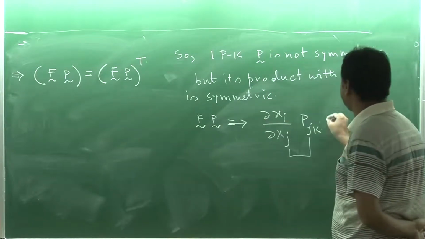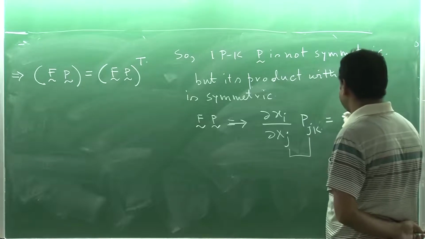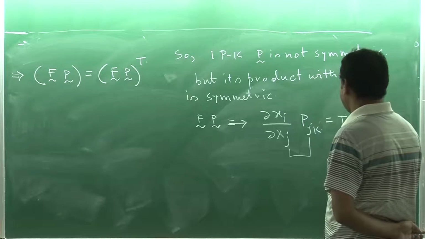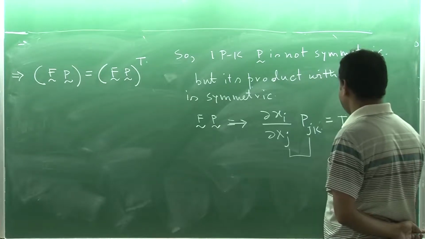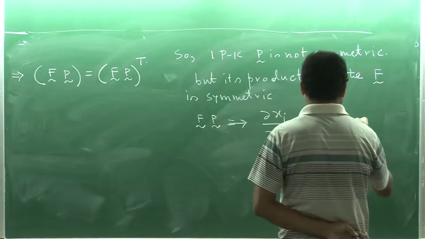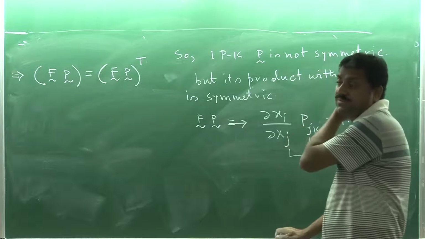So, this product is another tensor, say some tensor with indices i, k. You see that F P is symmetric.